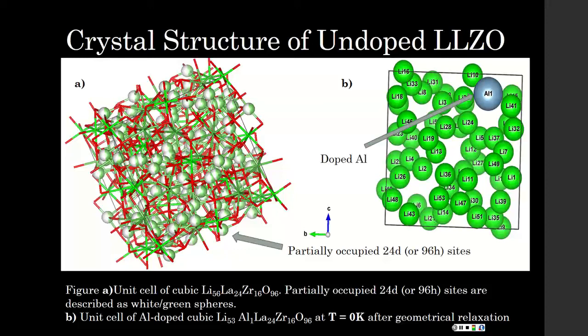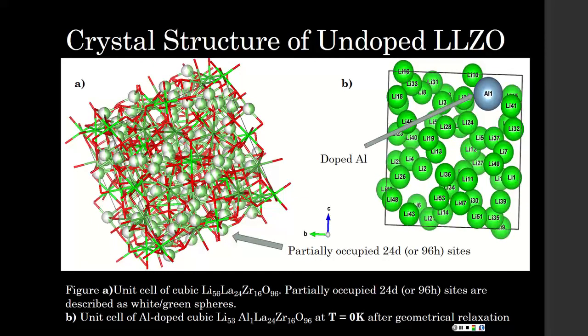For 24D, the partial occupancy is around 0.934, and for 96H, the occupancy is around 0.312 or something like that. These green balls represent the partially occupied lithium sites. So there are 56 different sites, and we have 120 atoms.